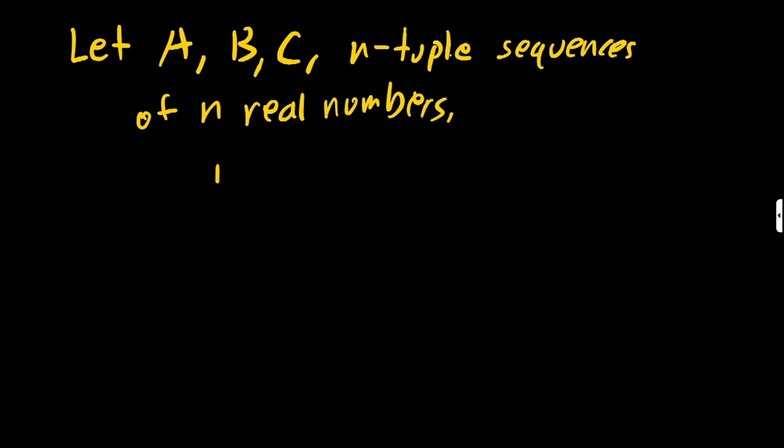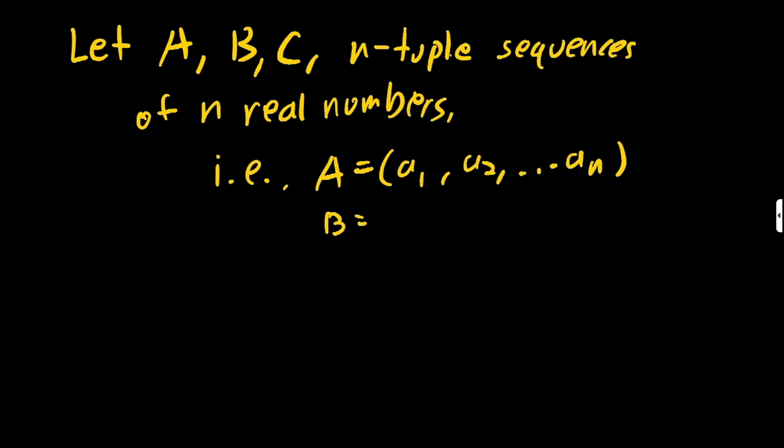An example of this would be something like A is equal to A1, A2, A sub n, and B is equal to B1, B2, B sub n, and you get the idea, okay?